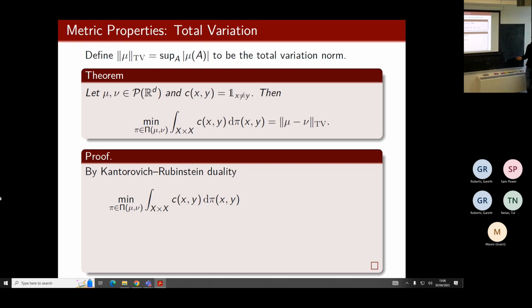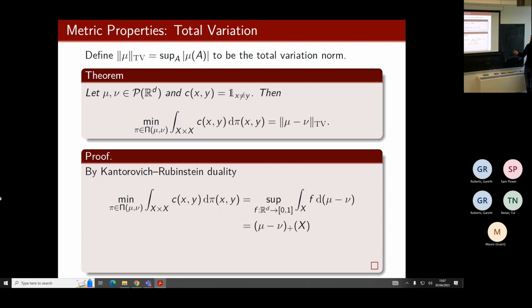Okay, and the proof is a nice application of Kantorovich-Rubinstein duality. If you start off with the optimal transport problem, Kantorovich-Rubinstein duality tells us this is the supremum over f of integrals with respect to mu minus nu, where the supremum is taken over all f that are 1-Lipschitz continuous.